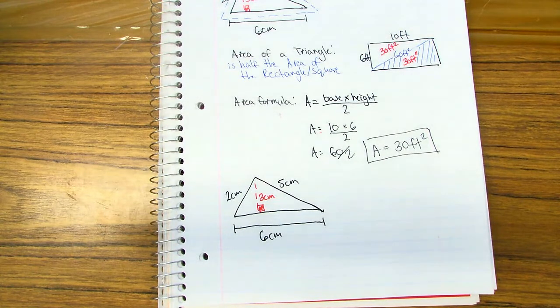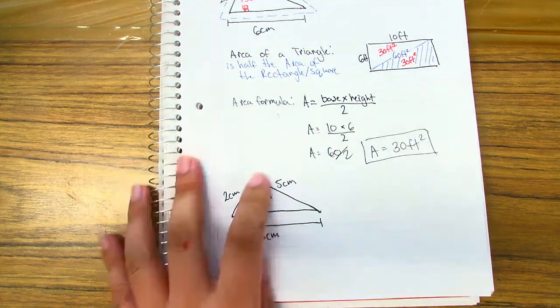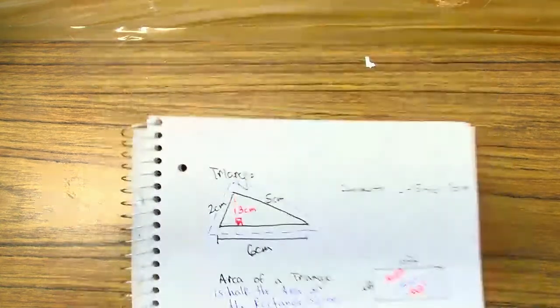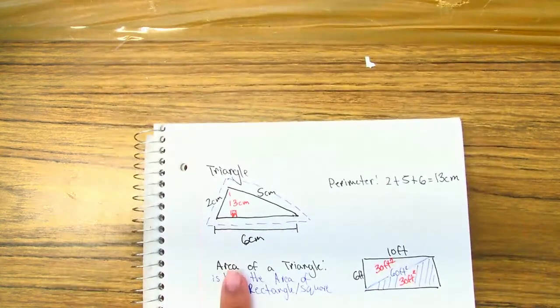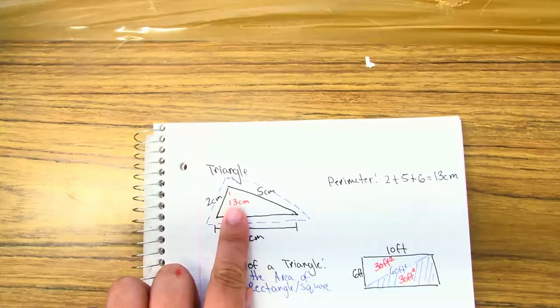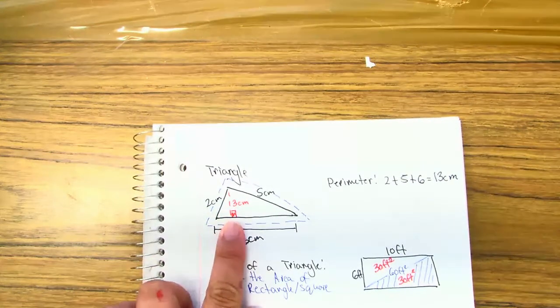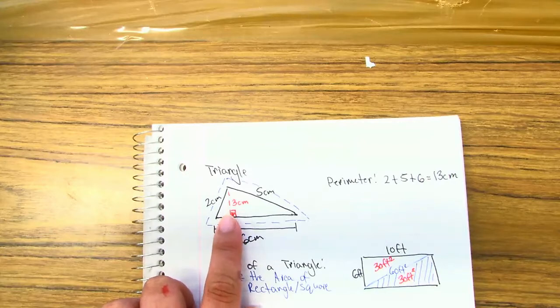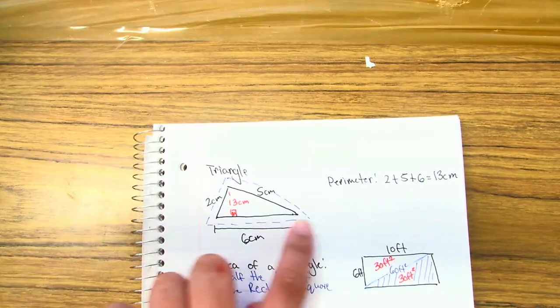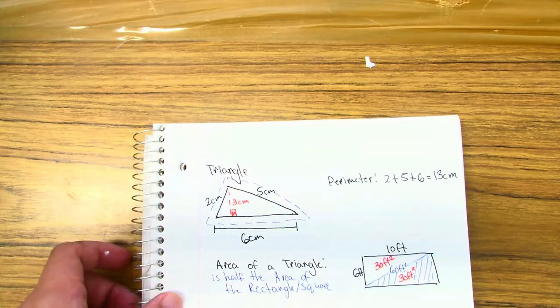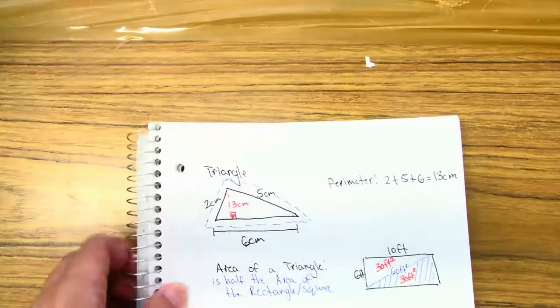What do you mean 2? Here, we added 3, but 3 is not counted. 3 won't be needed to add for the perimeter because you're just adding all three sides. 3 is not required.